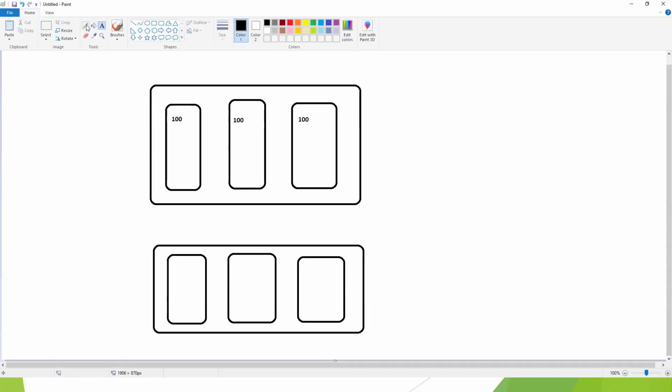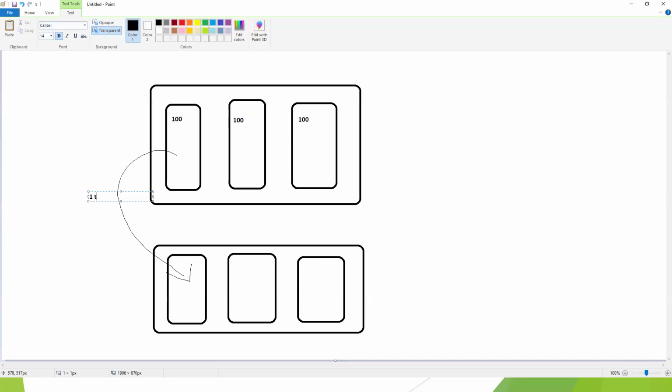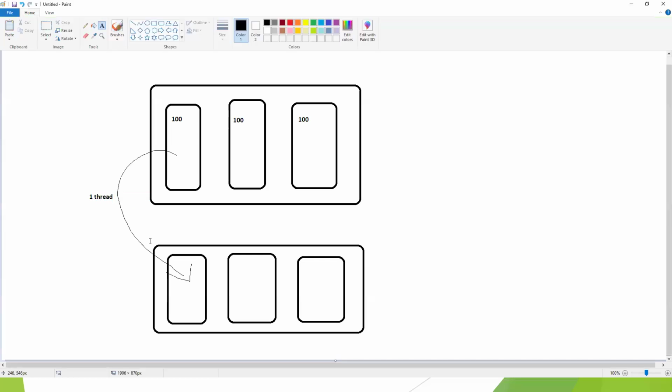As I told you, SQL Server will assign one thread at a time to the operating system layer. It will schedule one thread at a time, so the remaining threads will be in the queue, first in, first out kind of thing.